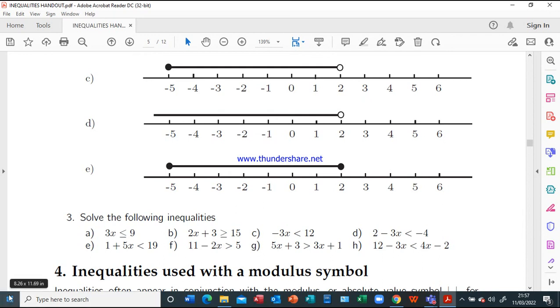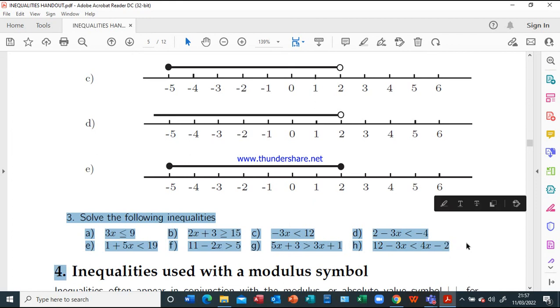We have only 3 minutes left. These 3 minutes, I want you to use them to write these equations for number 3. Pick them, copy them out, and you solve these equations: A, B, C, D, E, F, G, H. Write them down as part of your exercise for today.